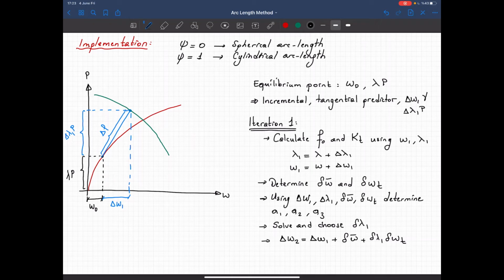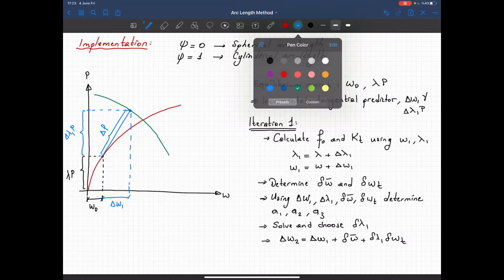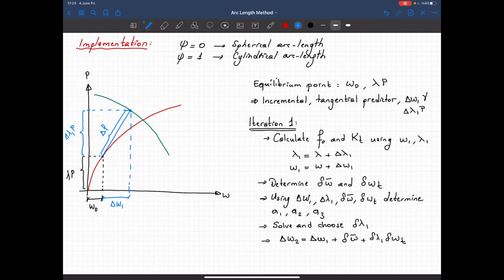So with this approach, we actually find another point on this curve. We are tracing, moving on this curve, and now this displacement is equal to delta lambda 2 times P, and this displacement is equal to delta W2, and this one will be iterative W1.